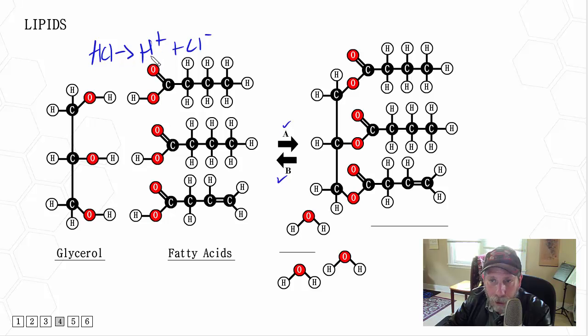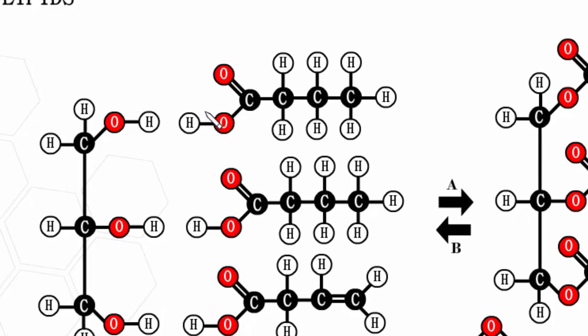It breaks off and gives the H plus, okay? So let's say this. The carboxyl group will release its hydrogen here, and the glycerol will release its hydroxyl group there. I mean, I could have taken the hydrogen from here alone and the OH from there, but I'm going to take the H off. It's not really critical.